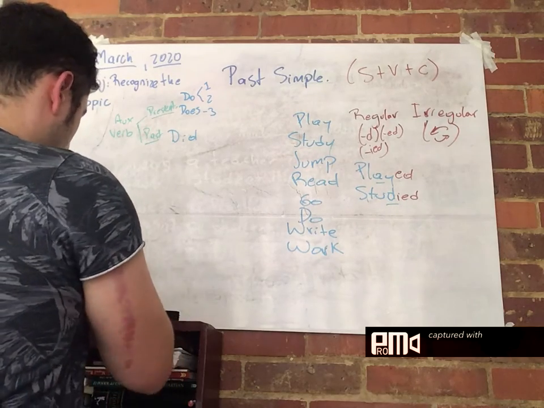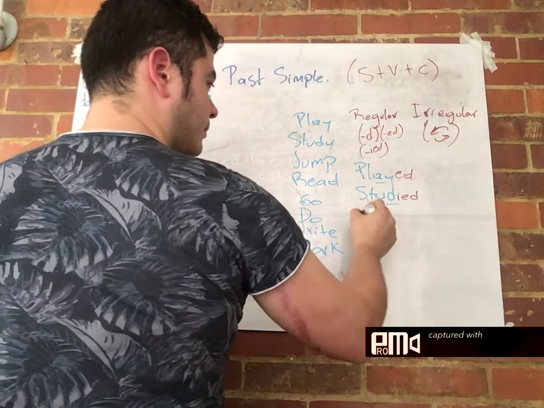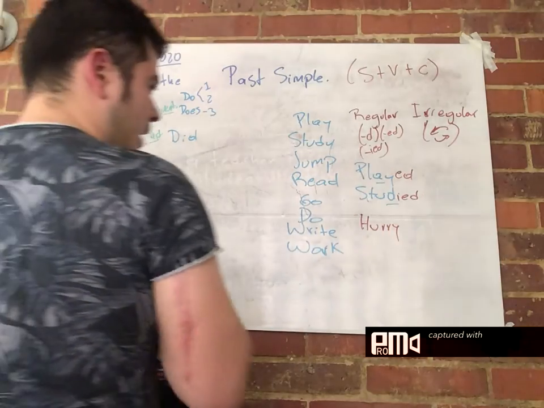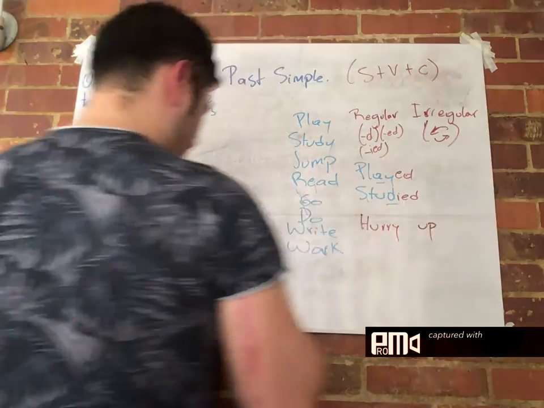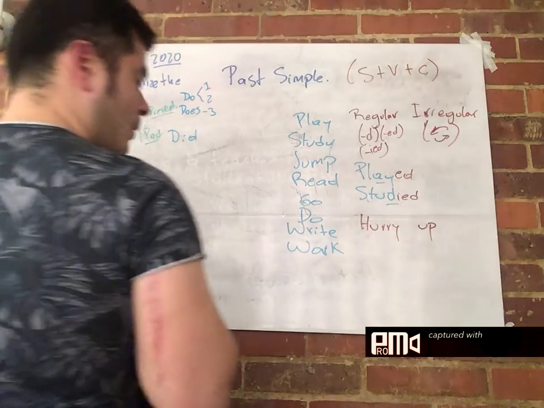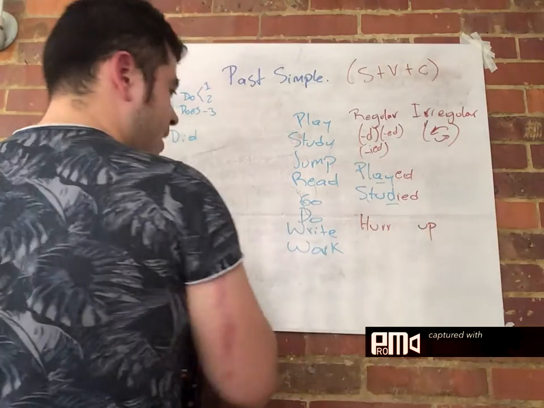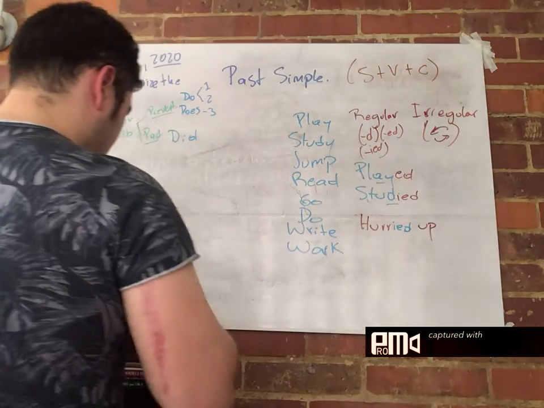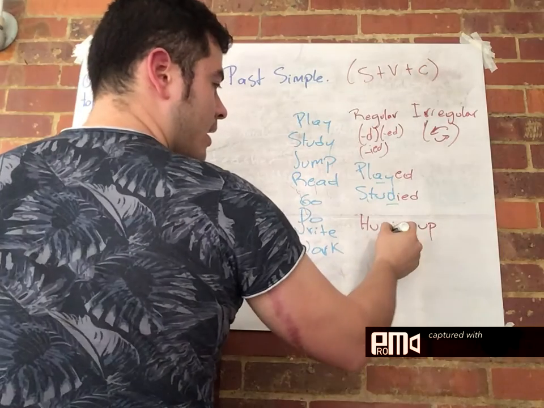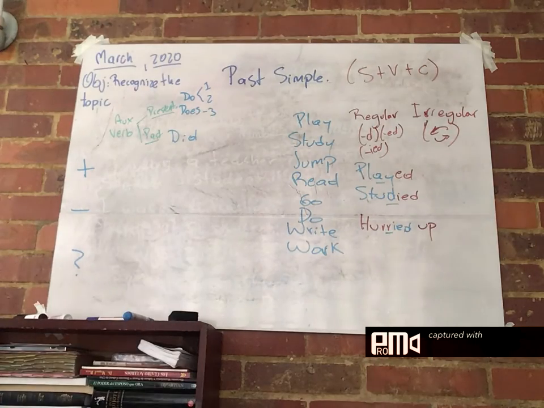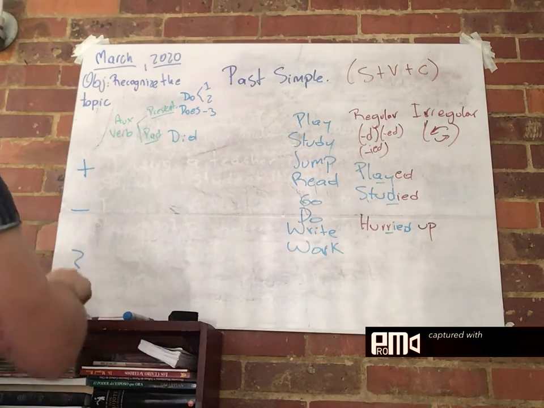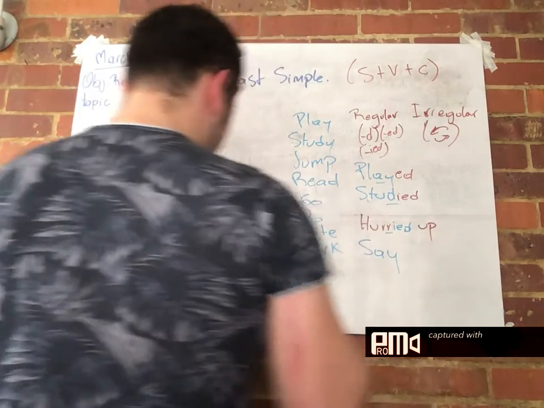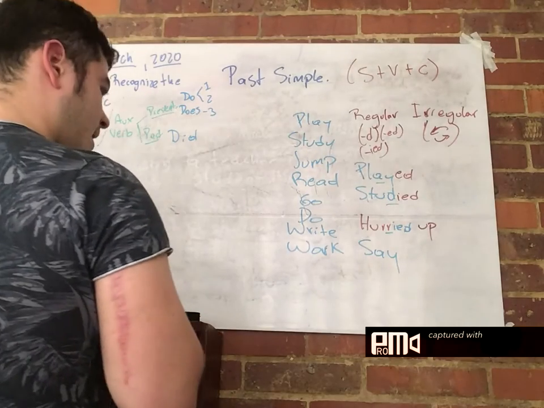For example, hurry, like hurry up. We erase the Y. Why? Because before the Y there is a consonant. Another example is say.